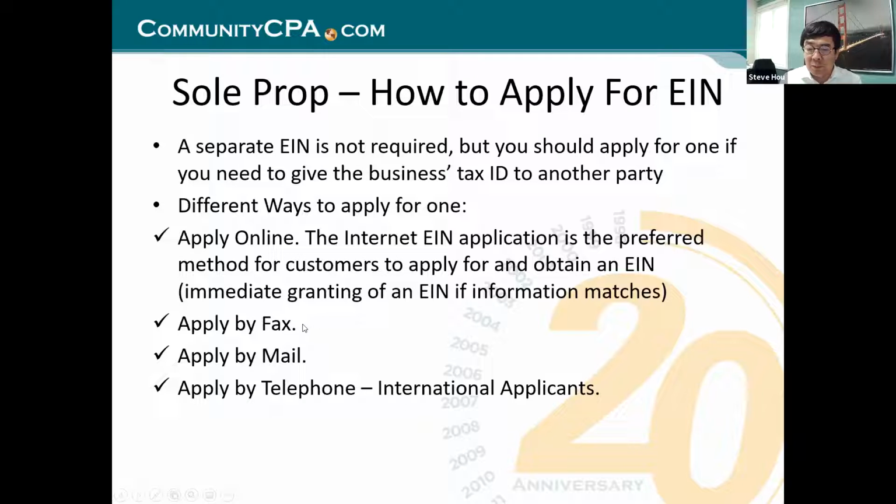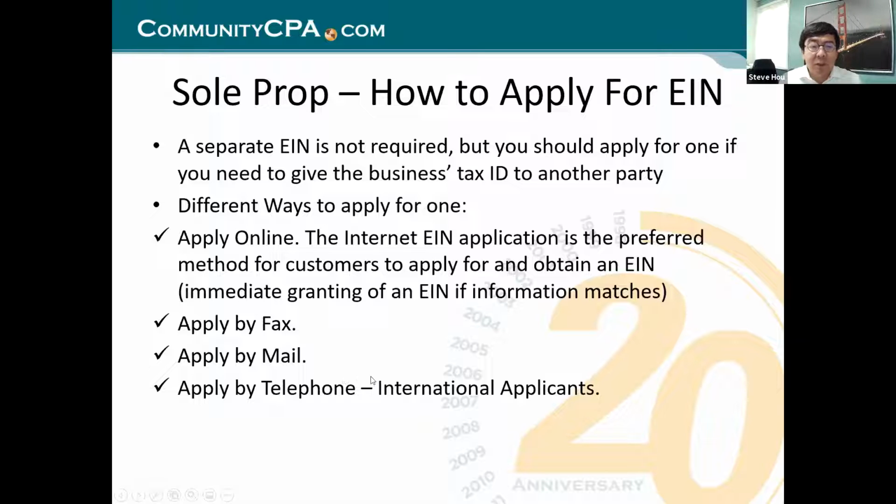But there are people who still prefer the old-fashioned way, by paper mail or by fax. As of right now, these are still accepted by the IRS. The IRS may abandon mail and fax altogether at some point in the future, but as of right now, we can apply online, by fax, or by mail.